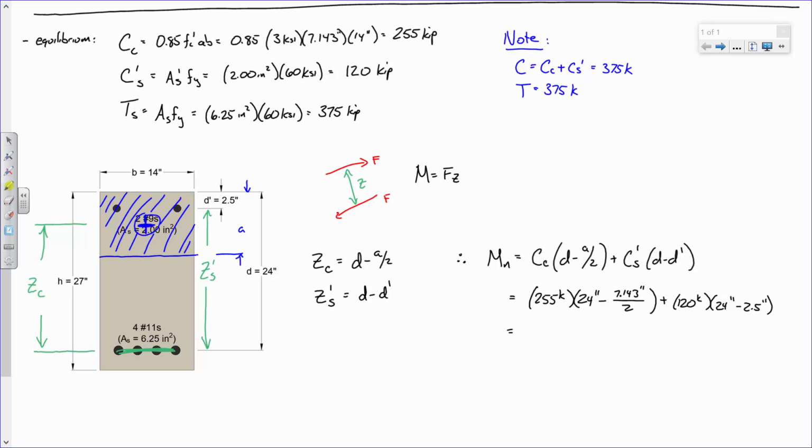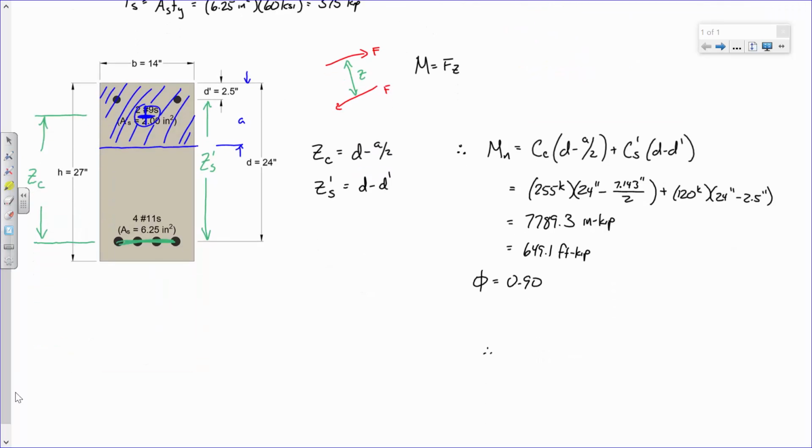Yeah, what'd you get? 7789.37. Okay, first off, what are the units? Inch-kips. So in foot-kips, what is that? And remind me, what was phi again? Oh, that's horrible. Phi Mn equals what?